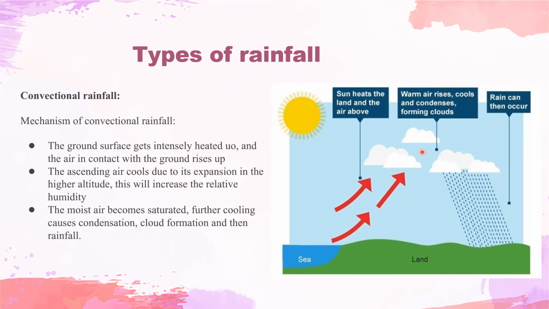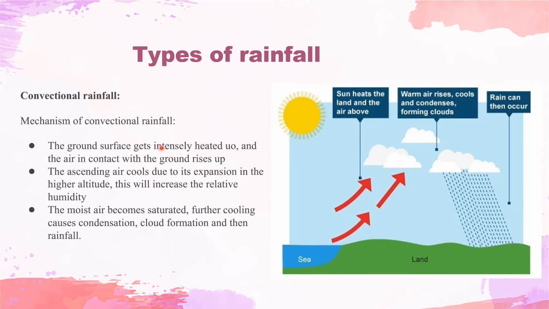When the warm air rises, it cools down and forms clouds. You can see here in this picture the clouds are formed. And when these clouds become saturated with moisture, they cannot hold any more water, and it starts falling down in the form of rain. I hope you have understood convectional rainfall.